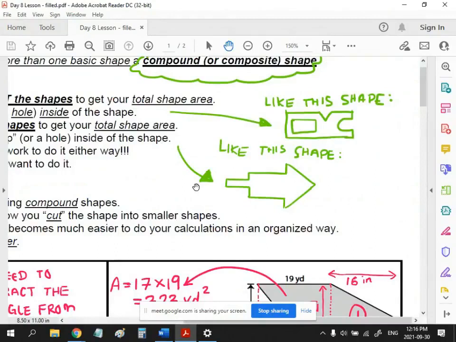I'm going to show you the shape. By the way, we're going to do 10 shapes today. Like, flip the page. There are so many combinations, okay? I will give you a shape on the quiz, for example, or the test, and I will leave it up to you. You decide if you want to cut it, if you want to add or subtract. Okay, so everyone, I want you to copy this. Go ahead. Copy this into your notes.